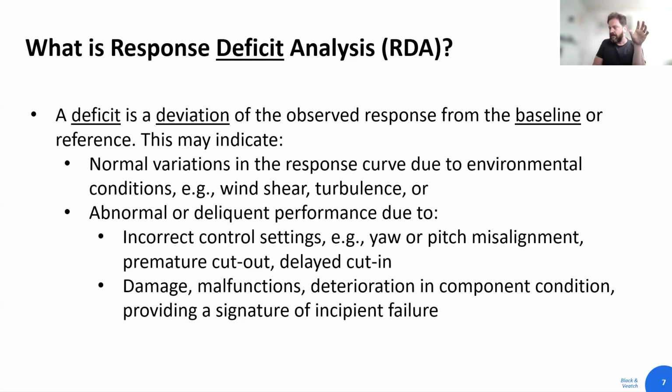So if we can characterize those different shapes of the deficit curve, can we pick out deficit curves that are normal and not a cause for concern, and deficit curves that are something that should alert us to a need to inspect and intervene and potentially repair or replace a component?